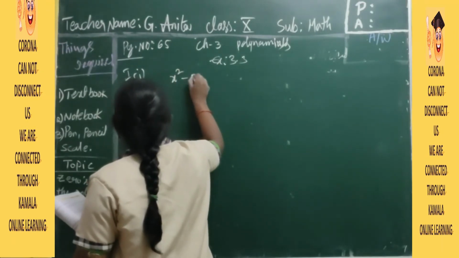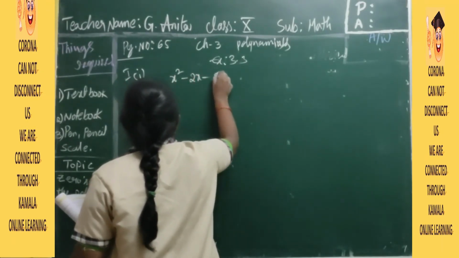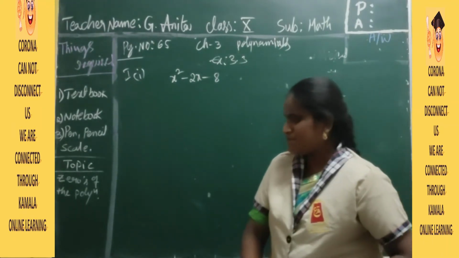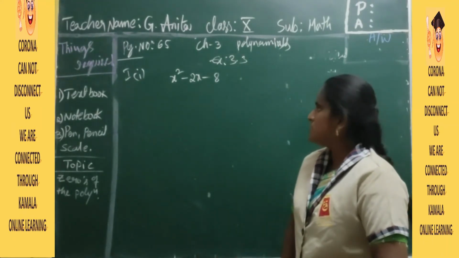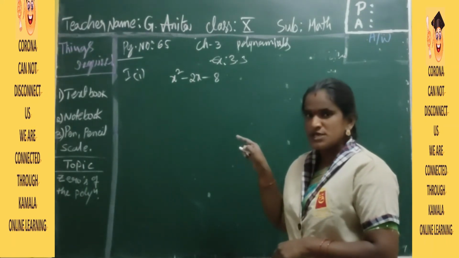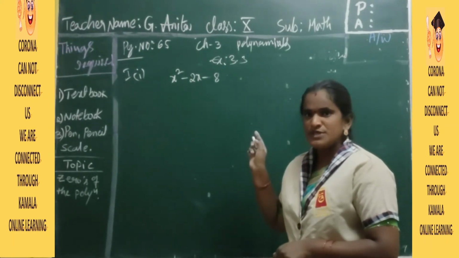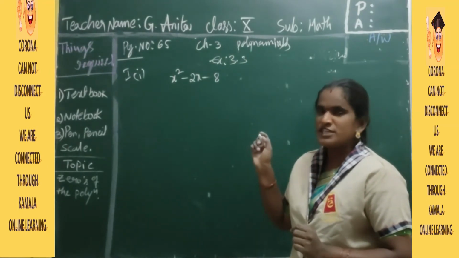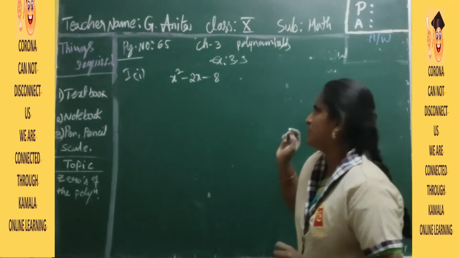X square minus 2x minus 8 is given. In this we need to find out zeros and what is the relation between them also.